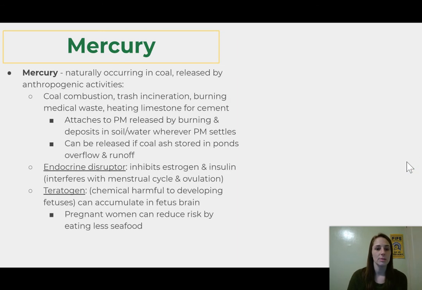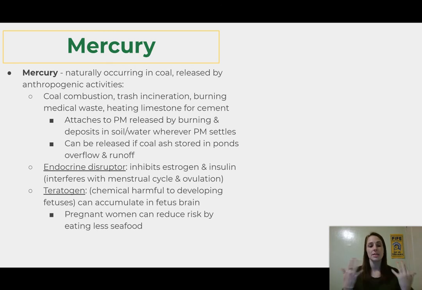So we're going to look at some of those heavy metals, and we're going to specifically start with looking at mercury. Mercury is actually naturally occurring in coal, and it is released by anthropogenic, so like human-caused activities. Things like coal combustion, trash incineration, burning of medical waste, heating limestone for cement, all of this is going to be releasing mercury.